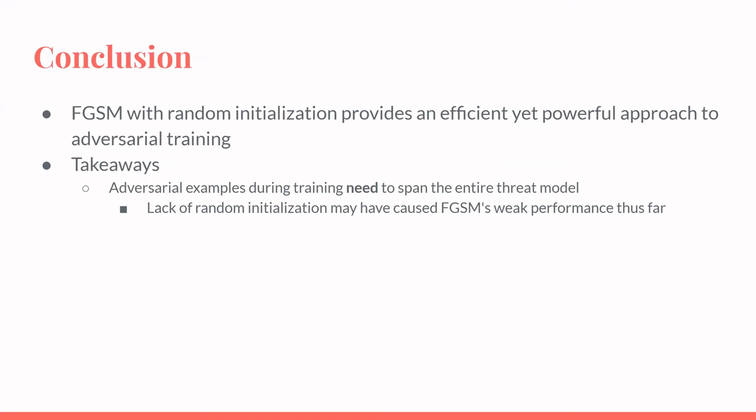And there are no perturbations in the middle of that range. So during training, our model is not necessarily seeing all of the possible combinations of perturbations. And so random initialization, as performed in this work, allows our adversarial examples to essentially span the entire threat model, where each pixel is always perturbed at least slightly during training, and this produces more robust models, as these experiments show.